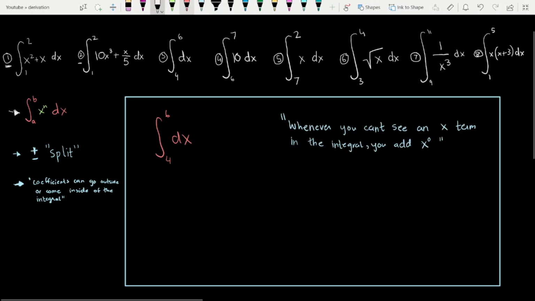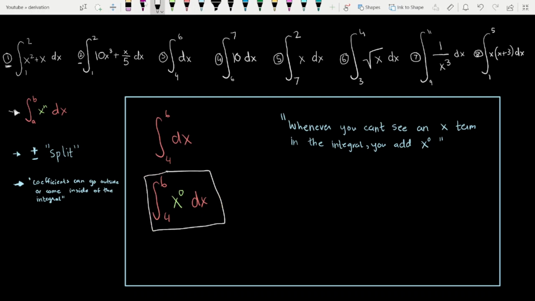That's what we're going to do over here. So this is going to be 6, and then x raised to the power 0. We didn't have an x in the integral, so we just introduced an x raised to the power 0. And now this is going to be dx. Now you can clearly see that this is similar to our general form, and so you could solve it out.